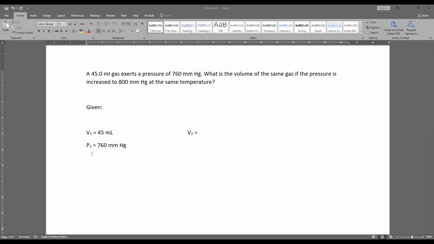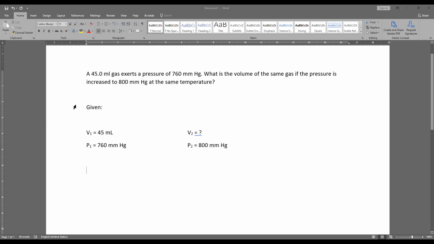This is the unknown. And pressure 2 is 800 millimeter of mercury. So we have already identified the givens.